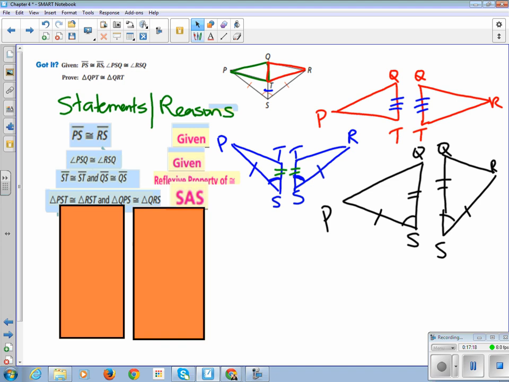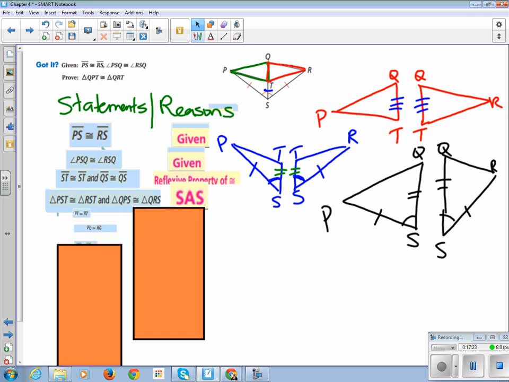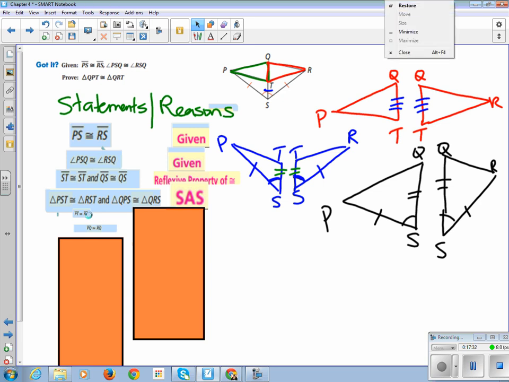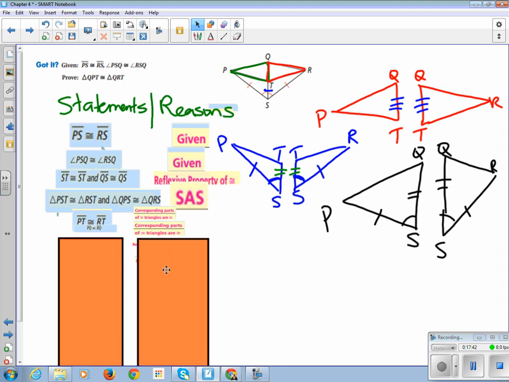Now we're going to solve, but there's going to be a whole bunch of corresponding parts of congruent triangles. So we're going to say PT is congruent to RT, and PQ is congruent to RQ. Both of them are by corresponding parts of congruent triangles are congruent.